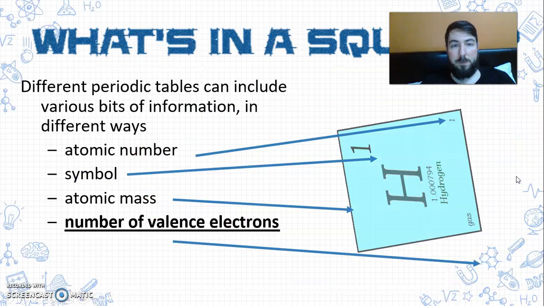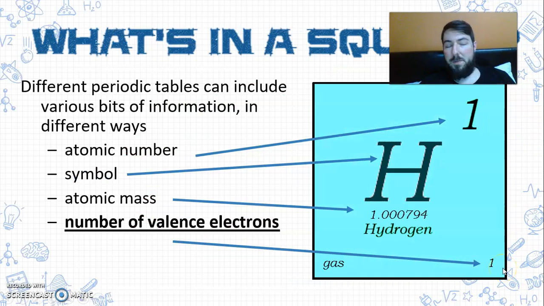Alright, so here's the box that I think Monique showed in a previous lesson. This is the important information that you need to know. Here's the atomic number, which we said before was the number of protons. You have the symbol here. Each element has its own symbol. This is hydrogen. Hydrogen's symbol is H. It also has an atomic mass. Every element has a decimal atomic mass, and that's because there are different variations of elements that might have a different number of neutrons.